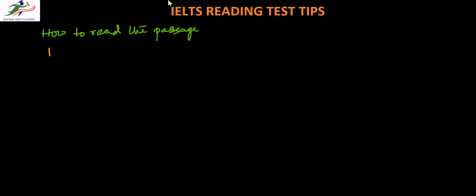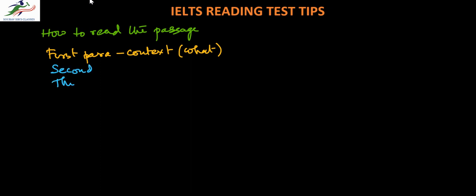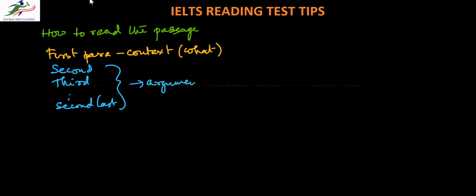So in any passage, the first para gives the context or the background of the passage, which means what the passage is going to talk about. So it sets the context. The second para, or I would say second, third, fourth, and up to the second last para, all these will give you arguments, facts, figures in favor or against the topic.